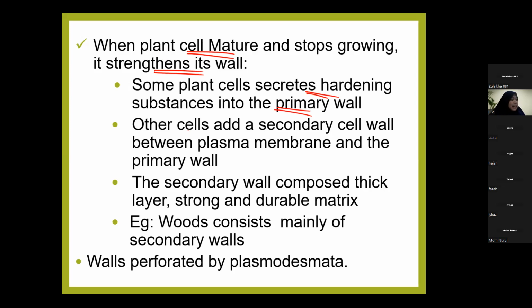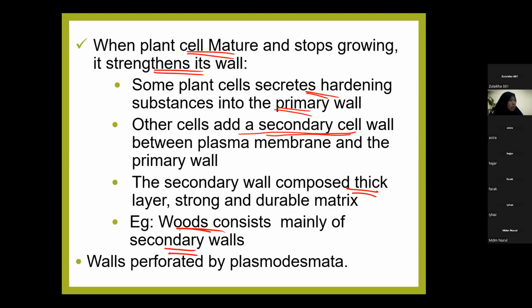Some plant cell yang lain will add secondary cell wall. Another plant will add another wall yang kita panggil sebagai secondary wall between the plasma membrane and the primary wall. So the secondary wall lebih tebal, right? It's thick, strong and durable dan tahan lah, right? So dia keras, dia tebal, dia kuat dan dia tahan. For example, wood, kayu kayan lah. Pokok-pokok berkayu biasanya mempunyai secondary walls.